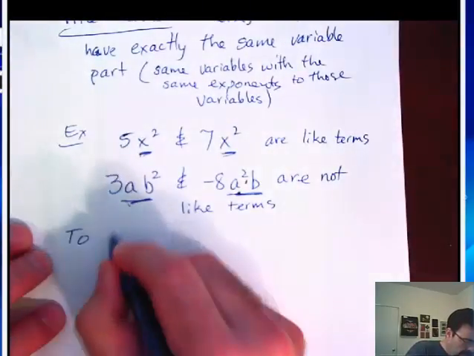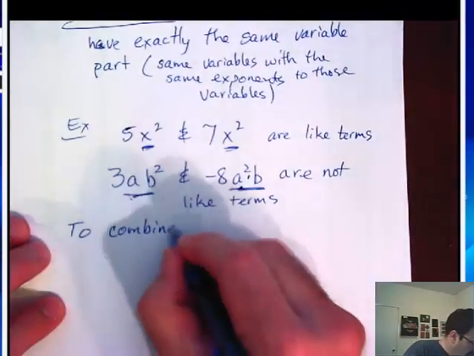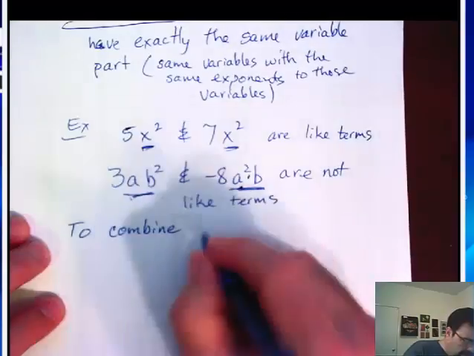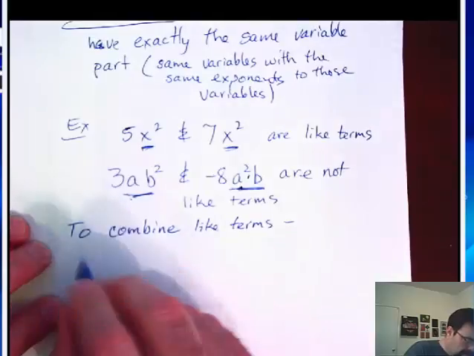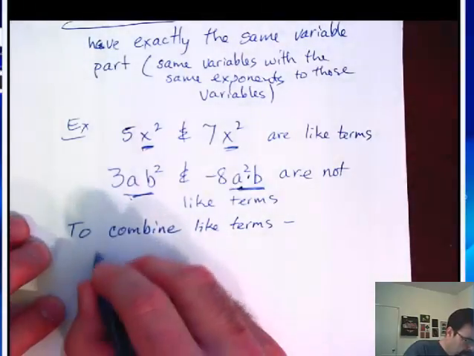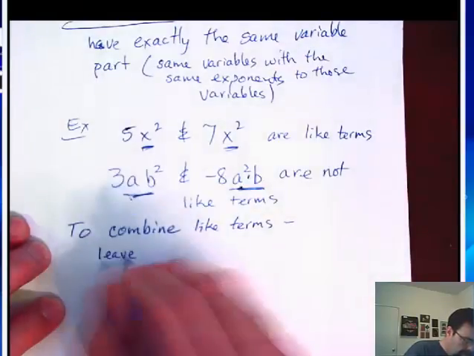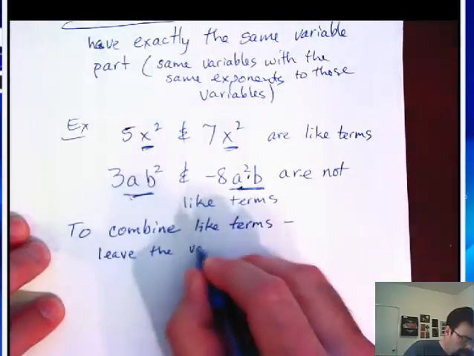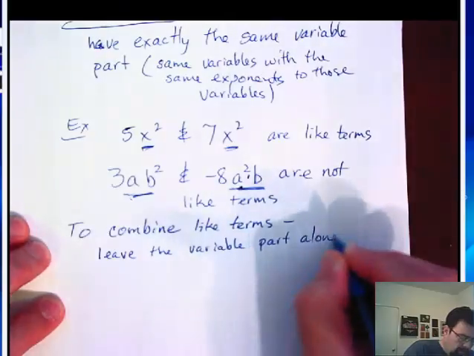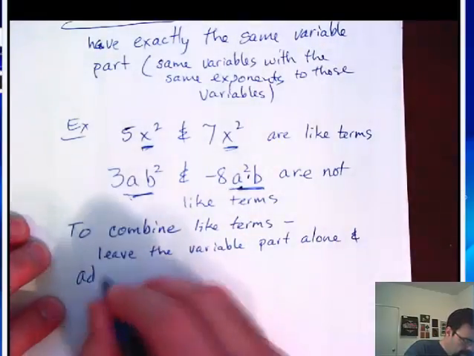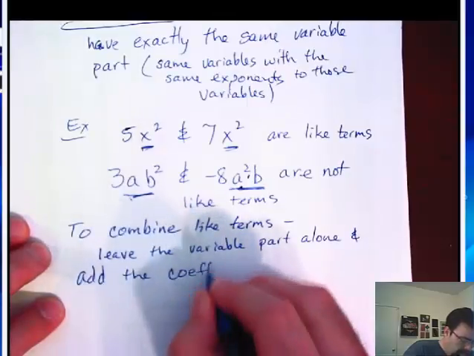Now to combine like terms, hopefully this is all review, but anyway, we'll just talk about it quickly. To combine like terms, you leave the variable part alone and add the coefficients, the numbers in front.